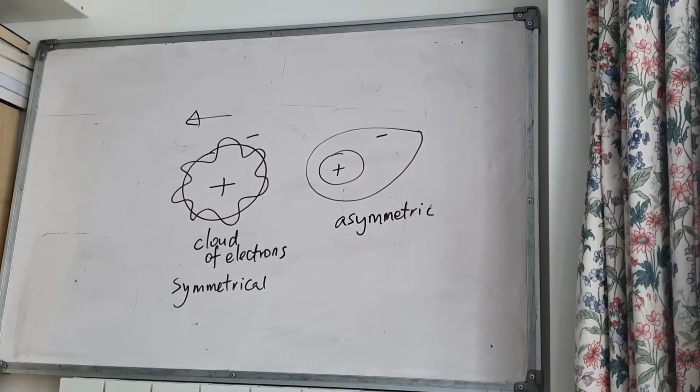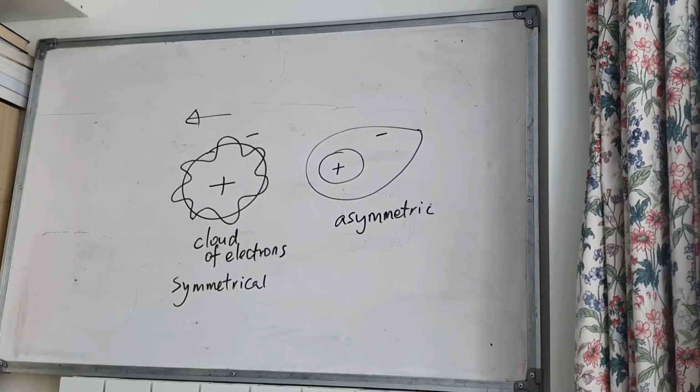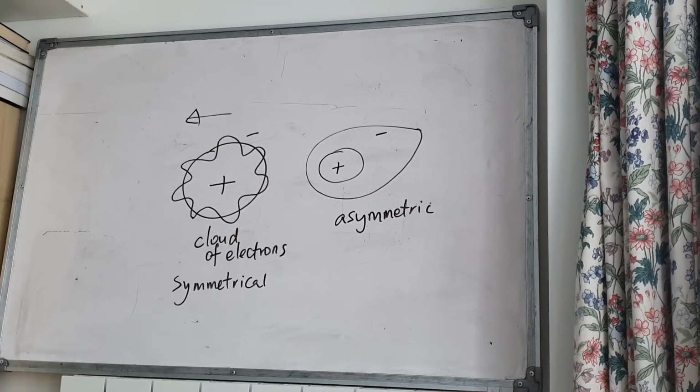Because before you rub the materials together, the cloud of electrons is normally symmetrical. However, when you rub two materials together, insulators together, the cloud of the electrons will move and it will become asymmetric.